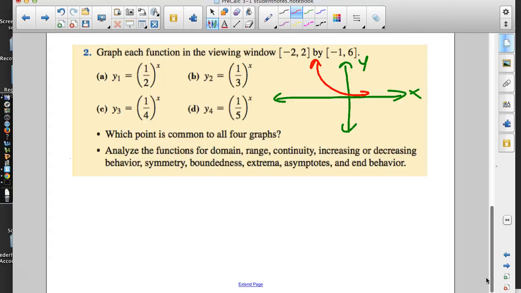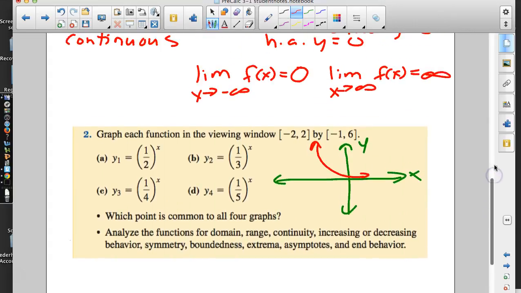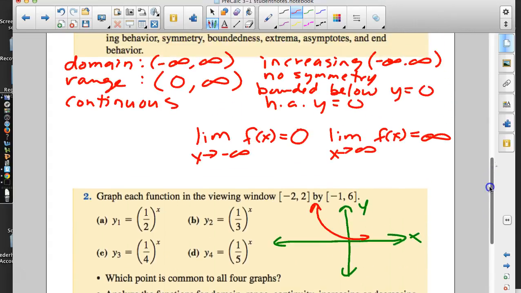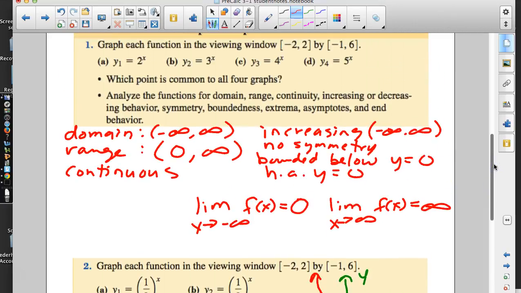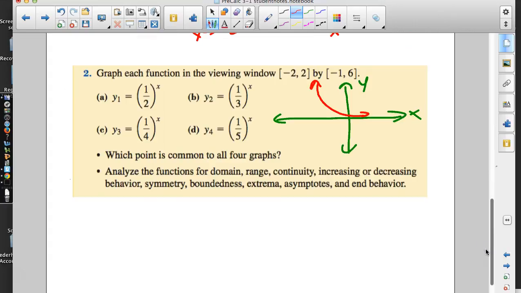So our analyze, which point would be common to all four of these graphs? Take a look at the ones we just did before. What did they all have in common? 0, 1. Same thing for this one. That's their initial value. We don't see an initial value up there for any of them, so it would always be 1.